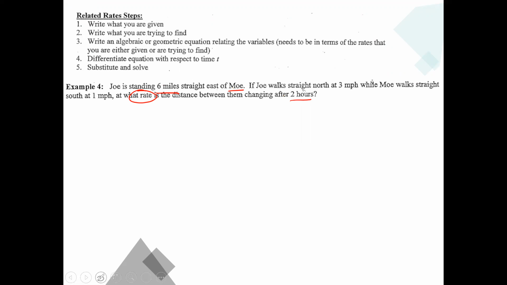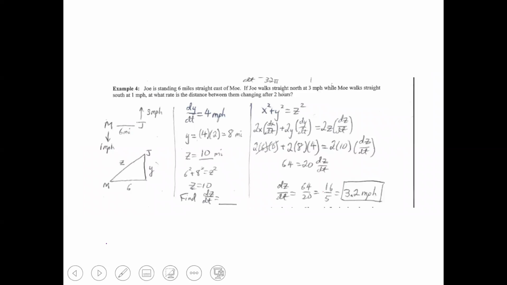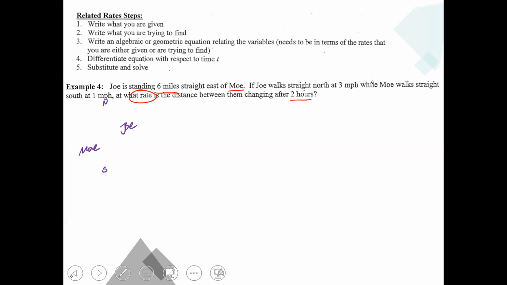First thing, let's draw a picture of this so we know what's going on. We have Joe and Mo, and it says they're standing 6 miles apart, so Joe is standing 6 miles east. Remember, this is north, south, west, and east.